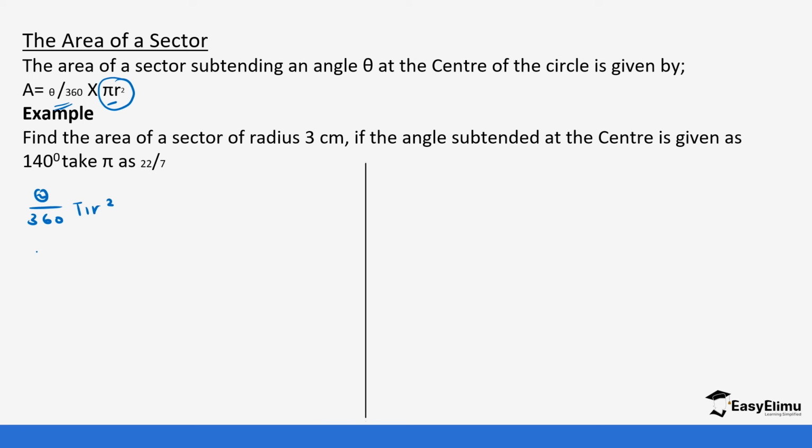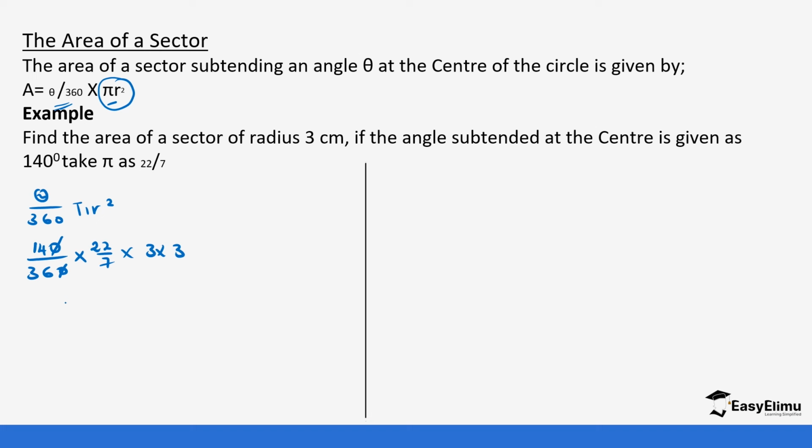So in this case, our angle is 140, so it's going to be 140 over 360 times our pi, which is 22 over 7, times our r, which is the radius, 3 centimeters, so times 3 times 3.